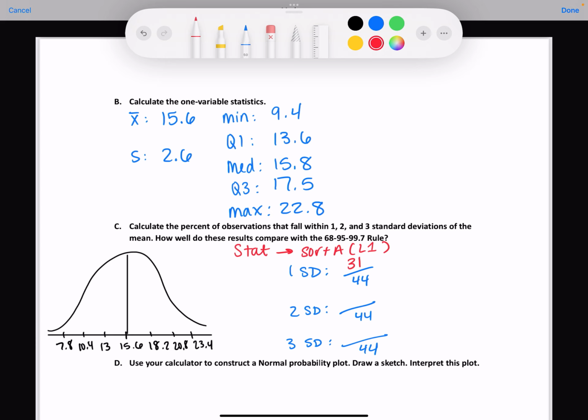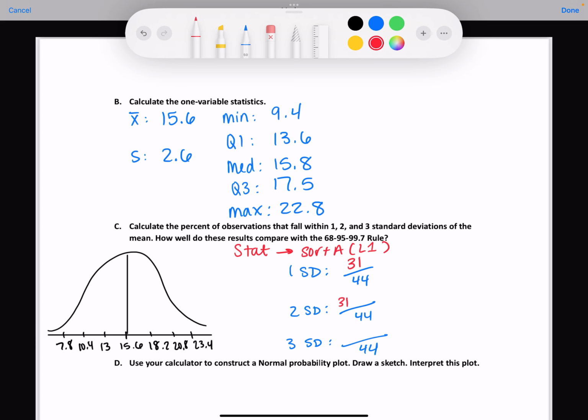So then in your list, we now need to see how many are between 10.4 and 18.2. No, 10.4 and 20.8. So you have 31, and then basically we need to keep going up to 20.8, add that to the 31, and then also add in whatever 10.4 to 13 is.